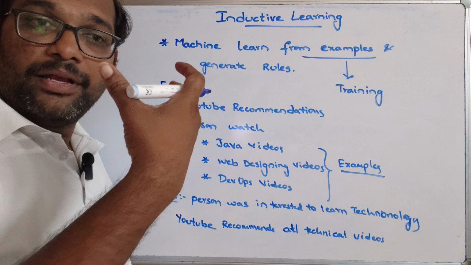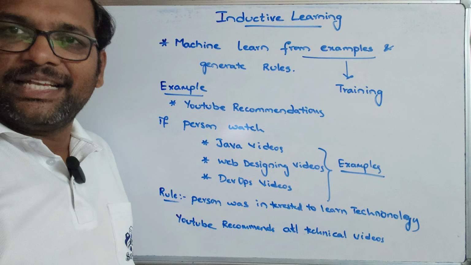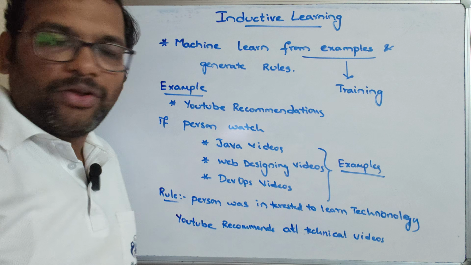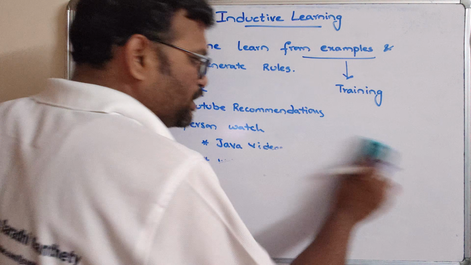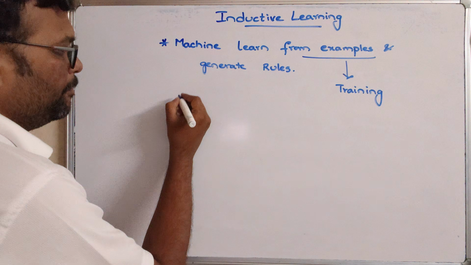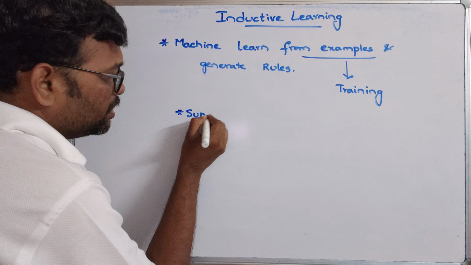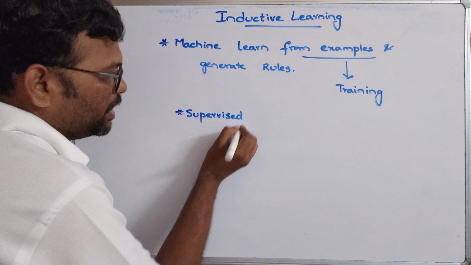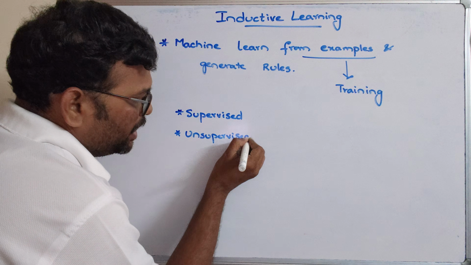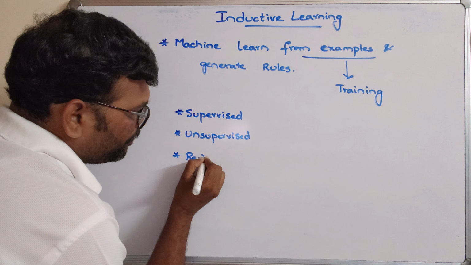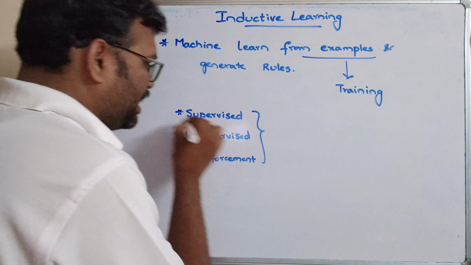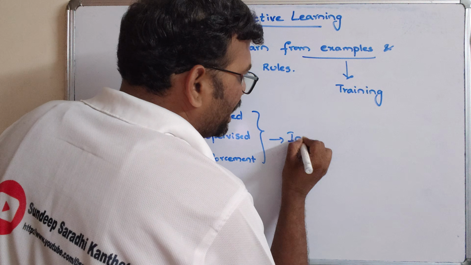It forms a rule from all the examples. Here the examples are the data which has been trained to the machine, and this is the work done in machine learning. Whatever types we have studied in machine learning, supervised learning, unsupervised learning, and reinforcement learning, all these three categories come under inductive learning.